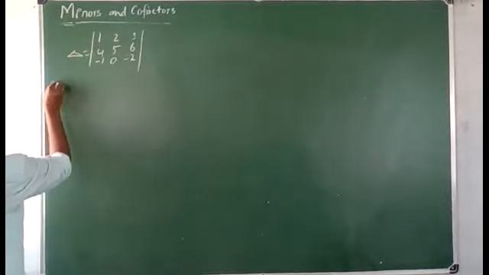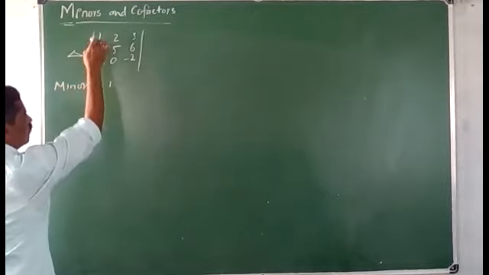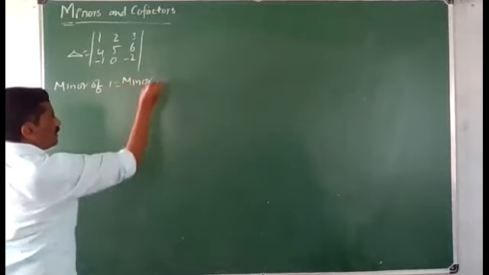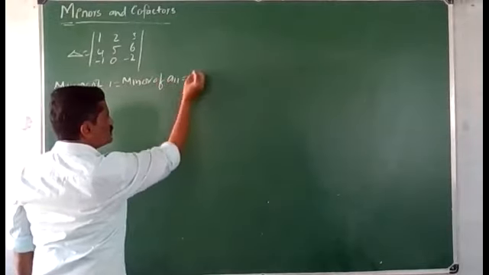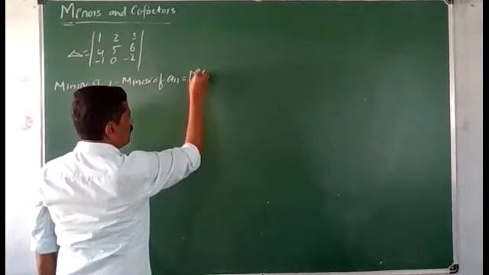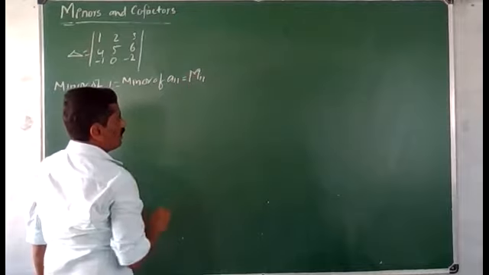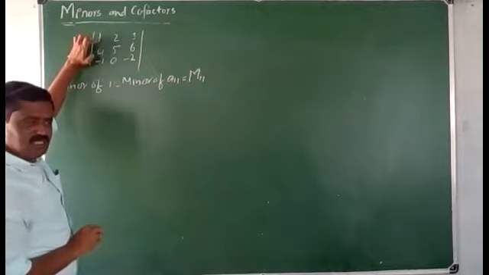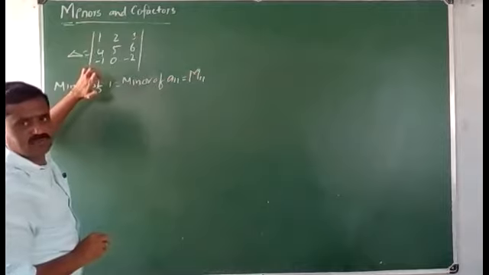The minor of 1, that is the minor of the element A11, is denoted M11. The minor of 1 is obtained by deleting its row and column.